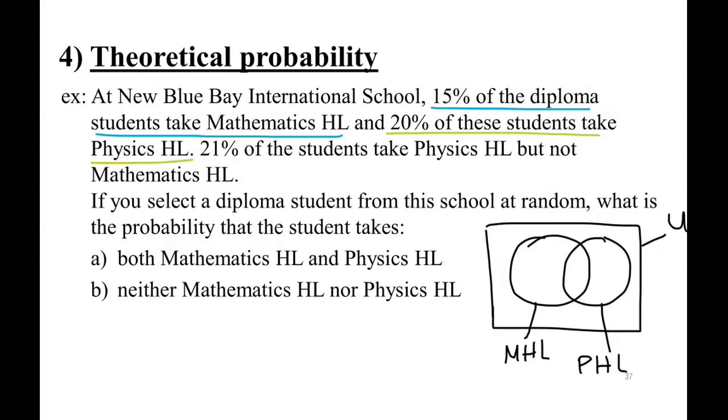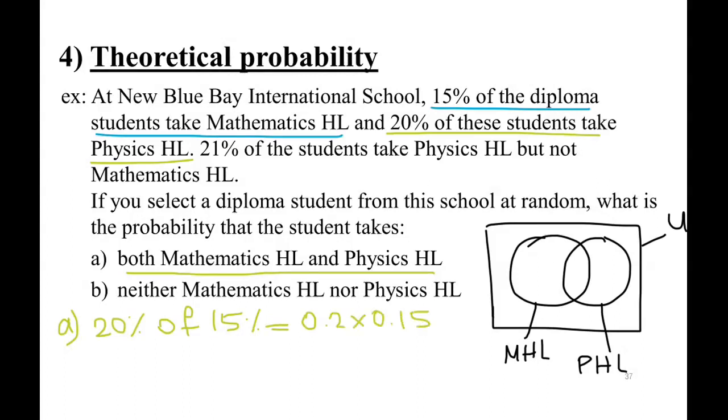So in order to find the students that are taking both Math and Physics HL, which is the intersection, that's 20% of the 15% of students taking Math HL. So that's represented by 0.2 times 0.15, which is basically 0.03. So that's the intersection. So over here we have 0.03 in the intersection.